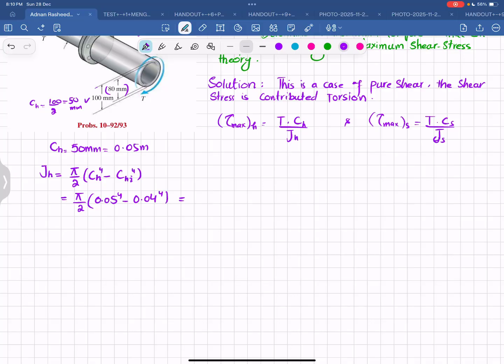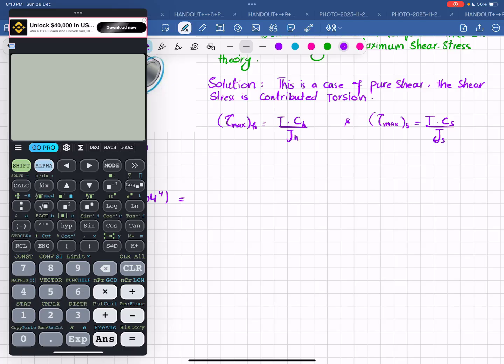I will calculate. So this will be equal to 0.05 power 4 minus 0.04 power 4, multiplied by pi and divided by 2, which will give you this value.